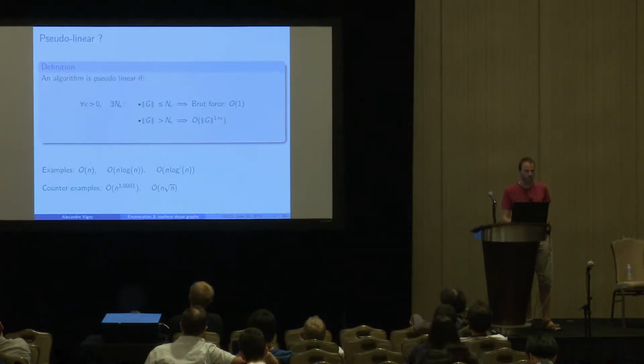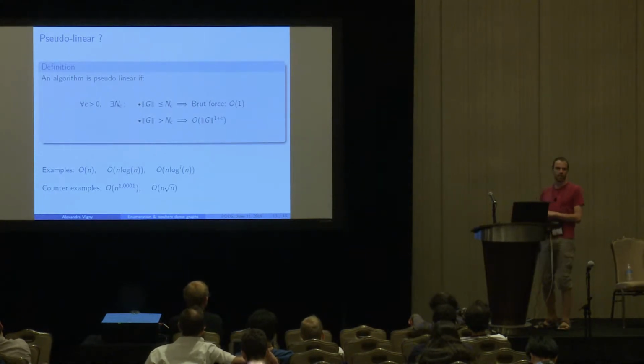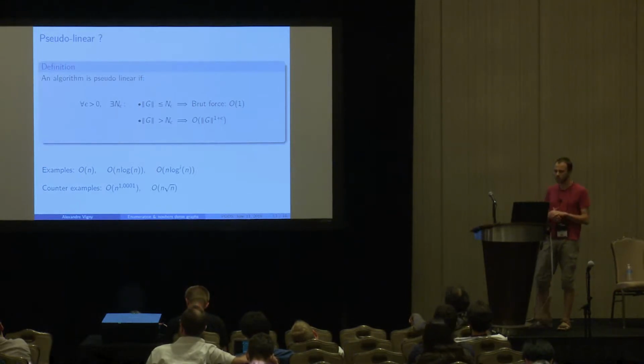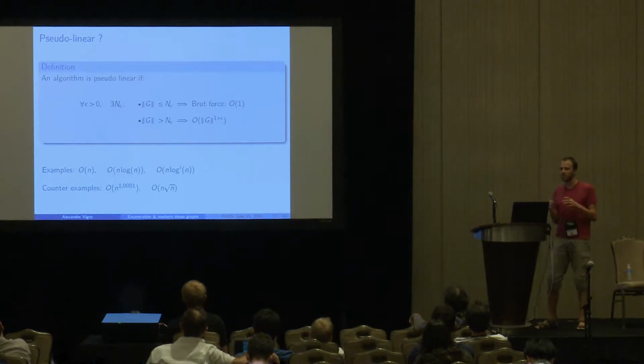Okay, so what is pseudo-linear? Because I said linear preprocessing and here pseudo-linear. So we do not have exactly linear preprocessing, but almost. Something is pseudo-linear if for every epsilon, as close to 0 as you want, there is a rank such that if our database is bigger than this rank, the running time is the size of the input to the 1 plus epsilon.